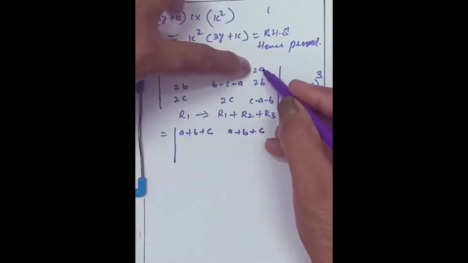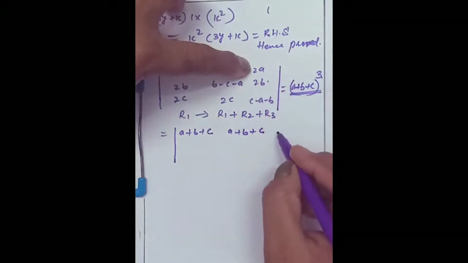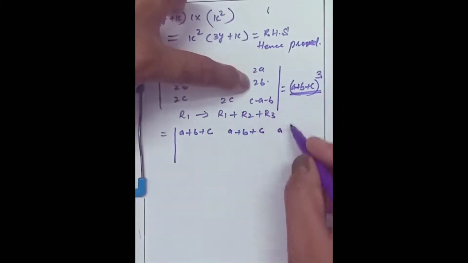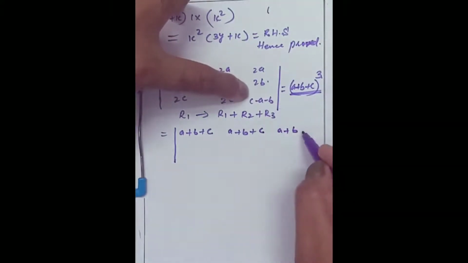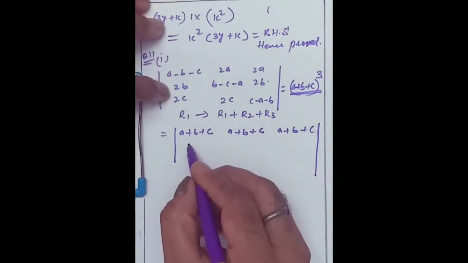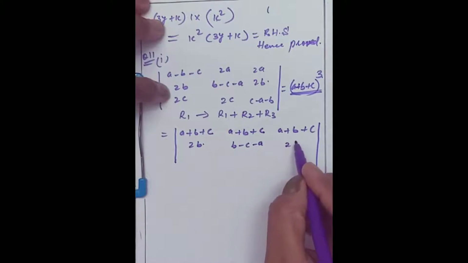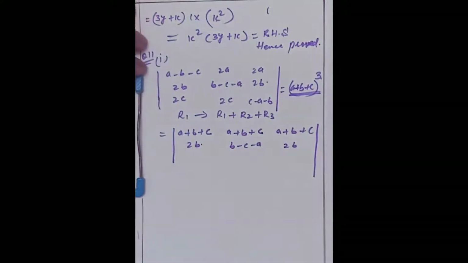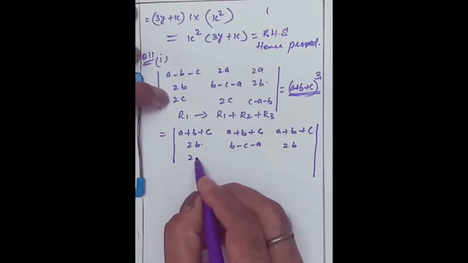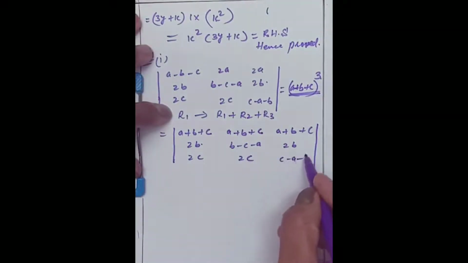Here also 2a plus 2b, minus a, 2b minus b plus b and plus c. So we get this first row. Then the rest are the same: 2b, b minus c minus a, 2b, and this third one is 2c, and c minus a minus b.